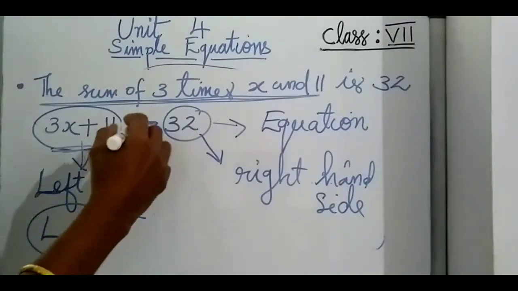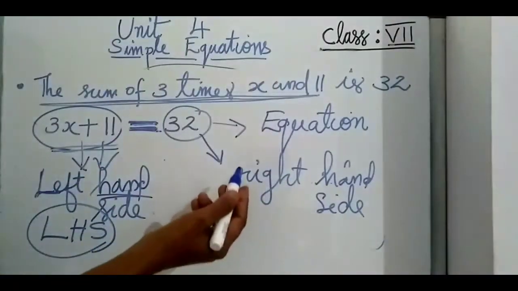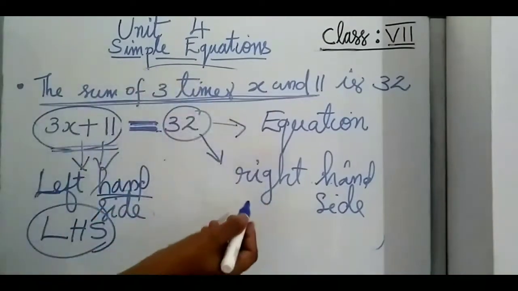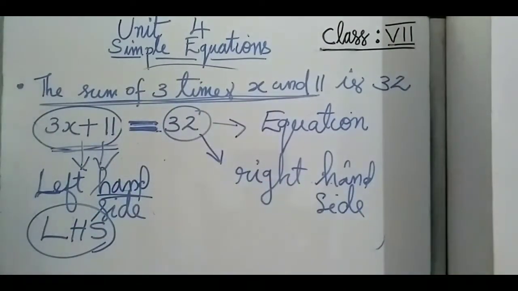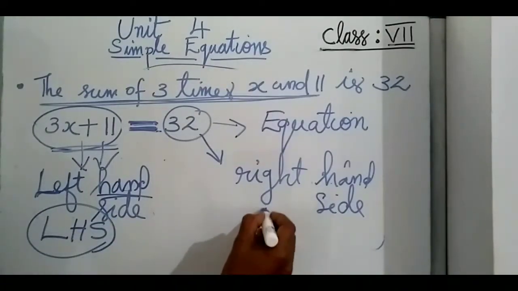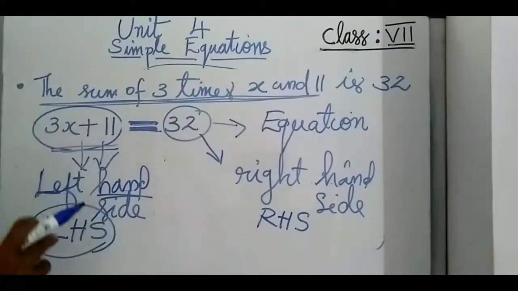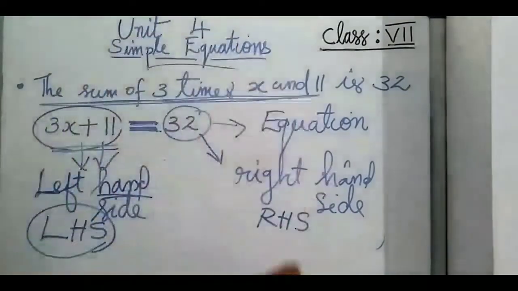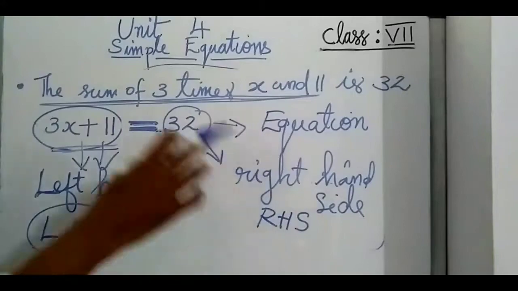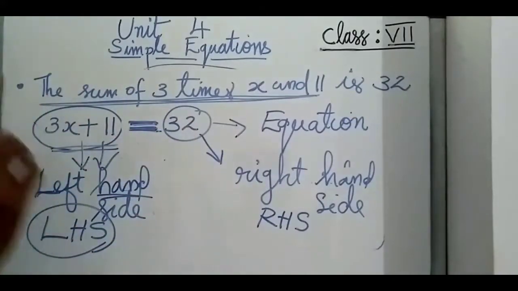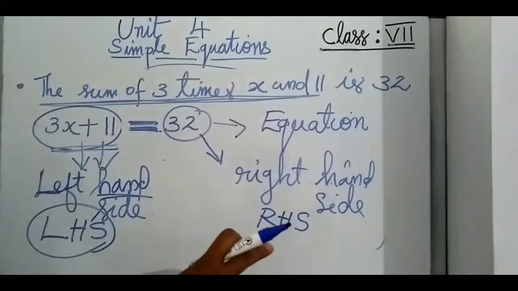The value after the equal sign is known as right hand side, short form RHS. So in an equation there are two parts, LHS and RHS. Don't forget that.